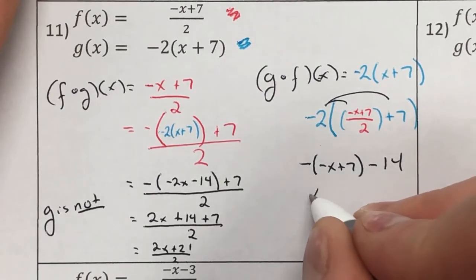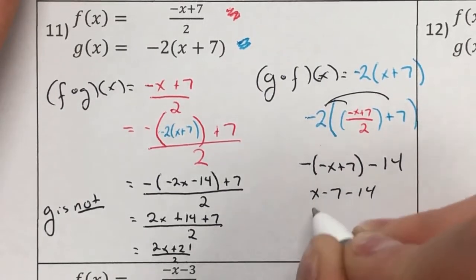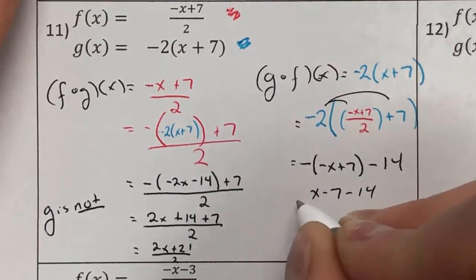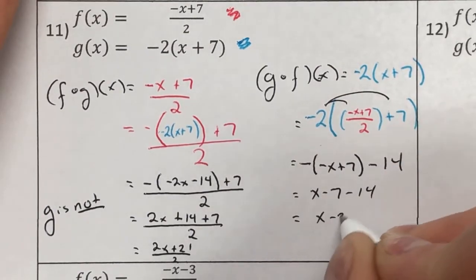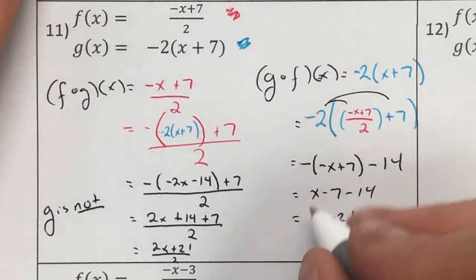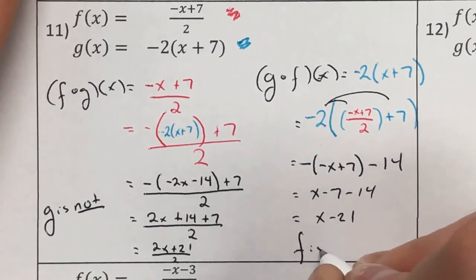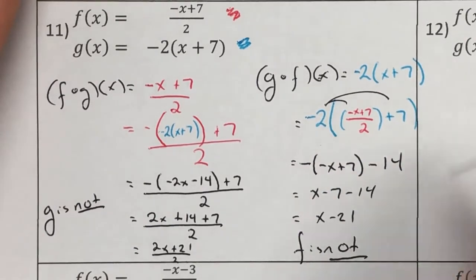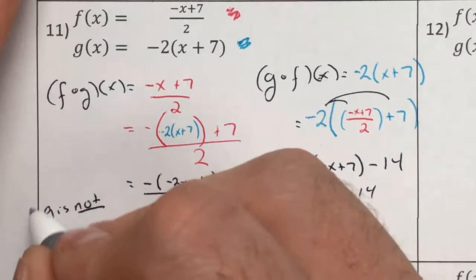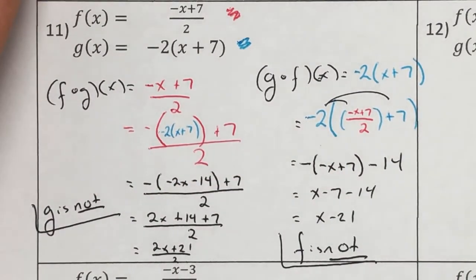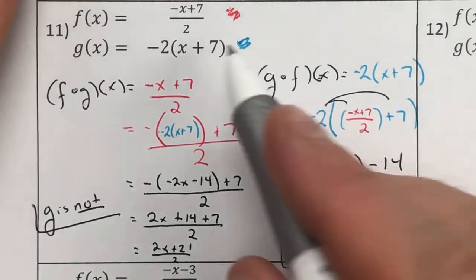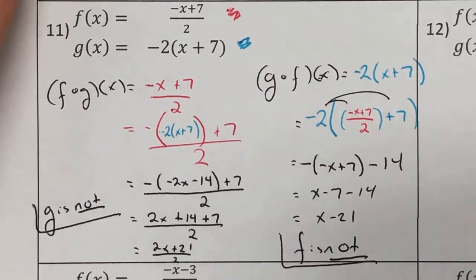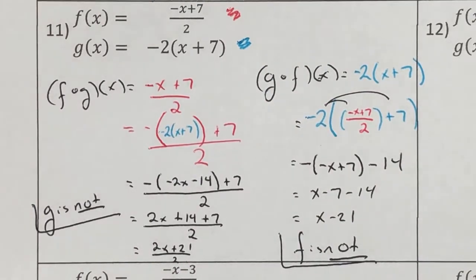So x minus 7 minus 14 is x minus 21. So what I know here is that f is not the inverse of g. So these are nothing special. Again, it looked close, it looked very similar, but neither one of these is the inverse of the other.